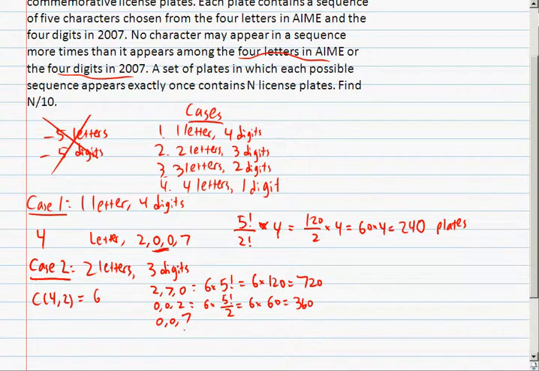Similarly, for 0, 0, 7, again we have 2 zeros here, so it's the same as the previous case: 6 times 5 factorial divided by 2, which is 6 times 60, giving us 360. So our case with 2 letters and 3 digits has a total of 720 plus 360 plus 360, which is 1,440 license plates total for this case.